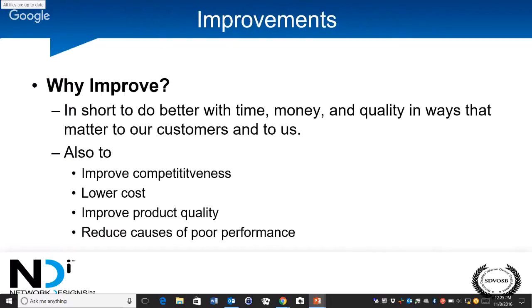Well then, why improve? What does it matter to us? Well, in short, it is for us to do better with time, with money, and quality in ways that matter to our customers and to us. So in other words, we want to look at improving, because as we improve, we get more efficient. We get more efficient with our time, with the money that it costs us to do a project, and better in our quality.